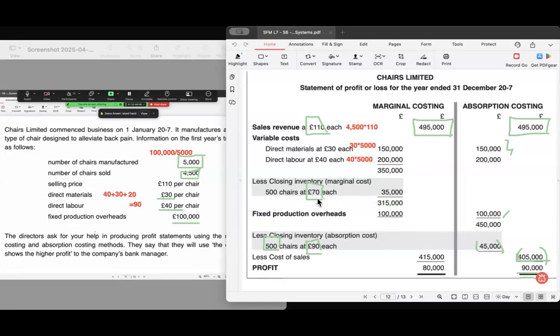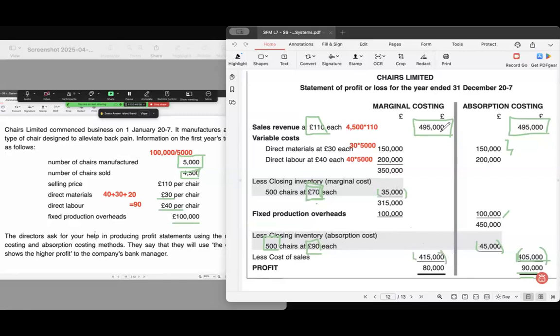So as you can see, under marginal costing in the inventory, the 20 pounds is not included. You can see here, it's not included, right? So 500 chairs into 70, 35,000. So 350,000 minus 35,000, 315,000 plus 100,000 equals to 415,000.